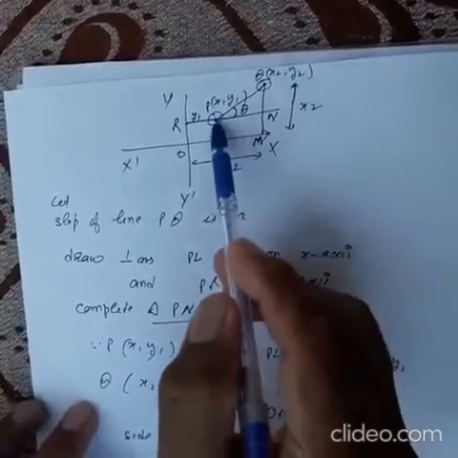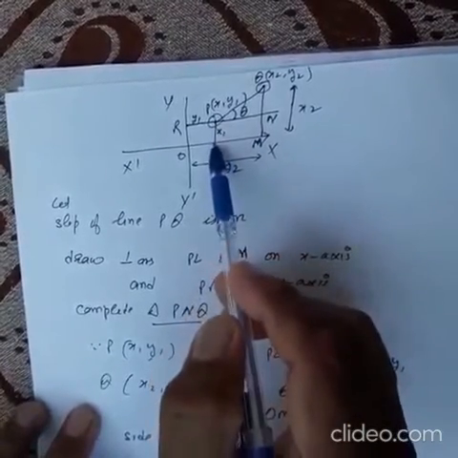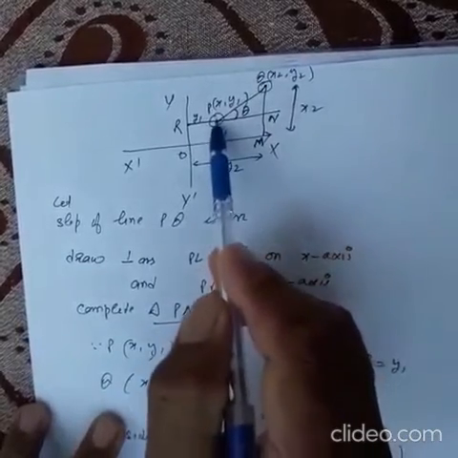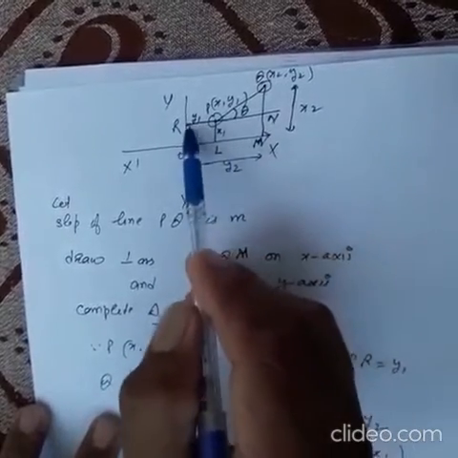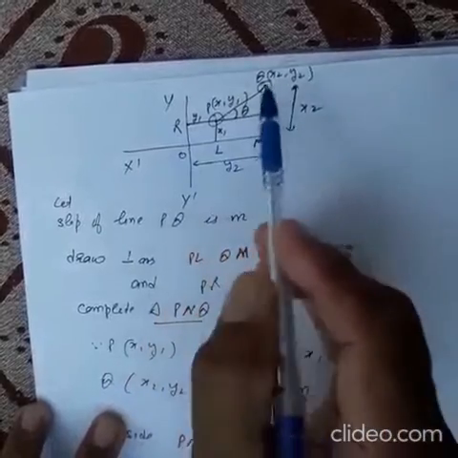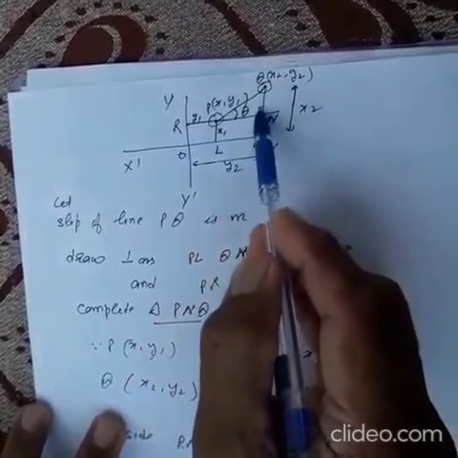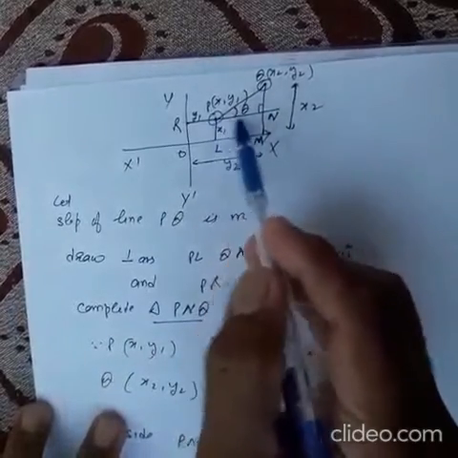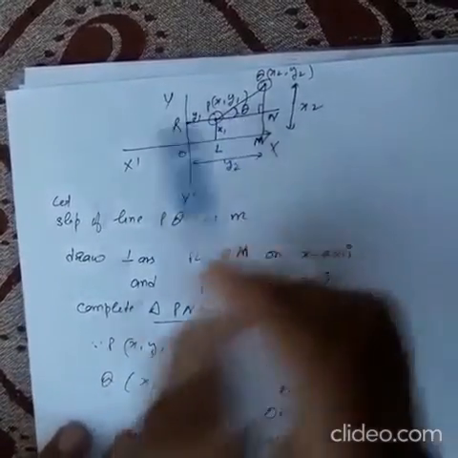If from this point you draw perpendiculars from P and from Q as well, similarly on the y-axis PR, and if you extend it, this angle will also be 90 degrees. So in this way triangle PNQ will be right angled.